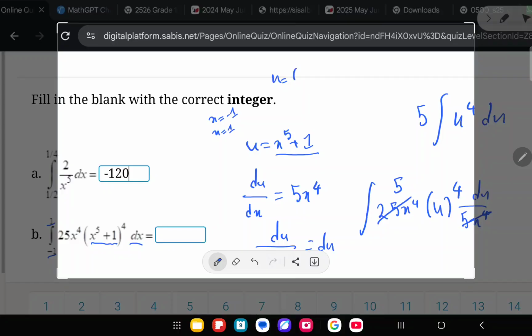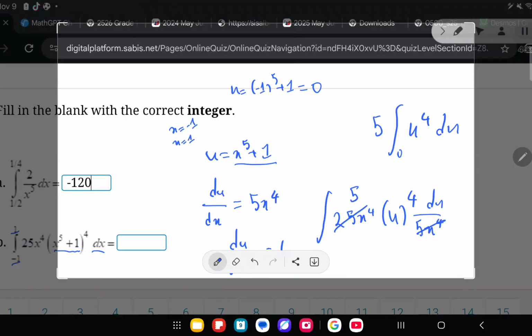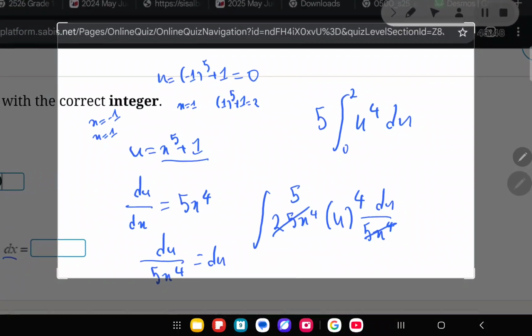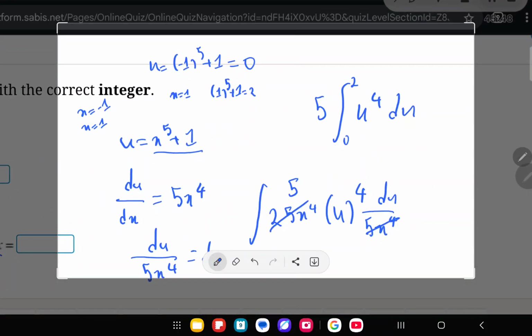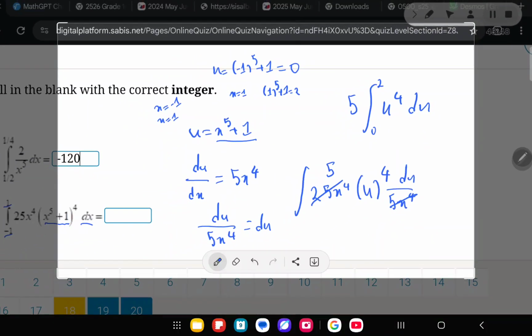So u is equal to minus 1 to the power 5 plus 1, which is 0. So we have 0 as the lower value. And then x equals 1, so 1 to the power 5 plus 1 is 2. So 2 is our upper value. So now we just integrate with these values, so first you have to integrate the inside, of course.